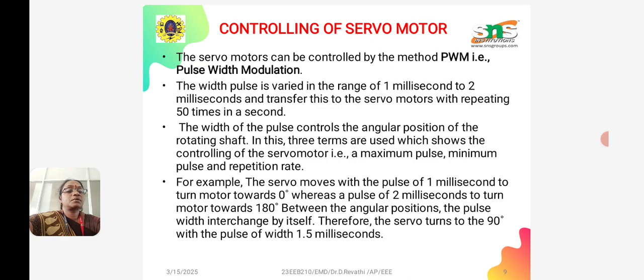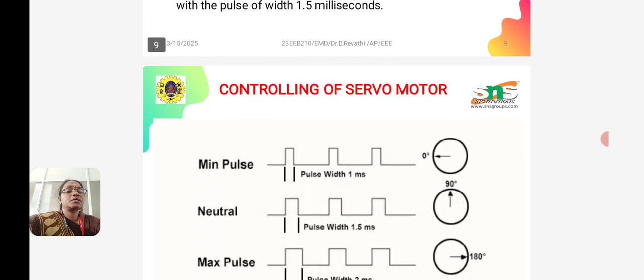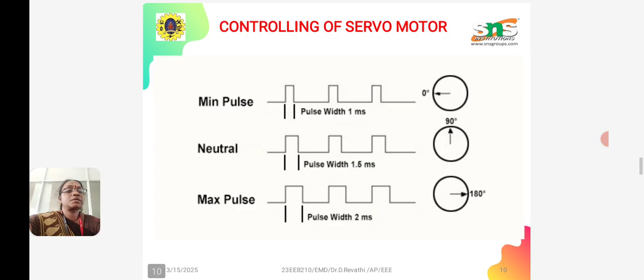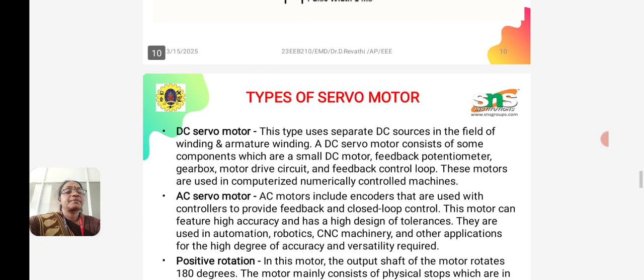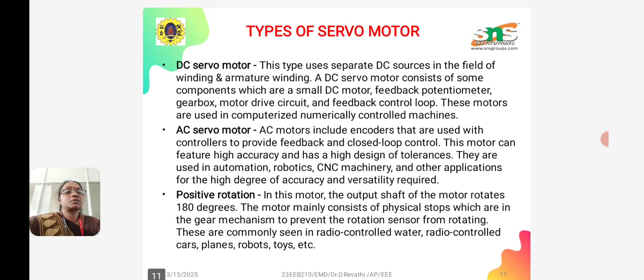Therefore, the servo motor turns to 90 degrees with a pulse of 1.5 milliseconds, and it is shown in this diagram. The minimum pulse is at 0 degrees, neutral is at 90 degrees, the pulse width of 1 millisecond is the minimum, and for 2 milliseconds we can say it is the maximum pulse, and it is aligned with 180 degrees.